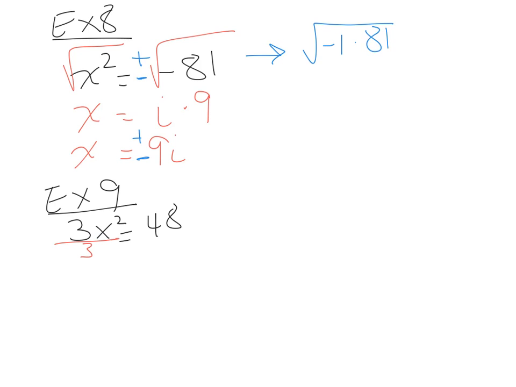So divide off this 3, and we have x squared equals 48 divided by 3, which is 16. Now we're ready to use the square root. And don't forget, you're going to have a plus or minus here because of that square root. So we have x equals the positive and negative square root of 16, which of course is 4.